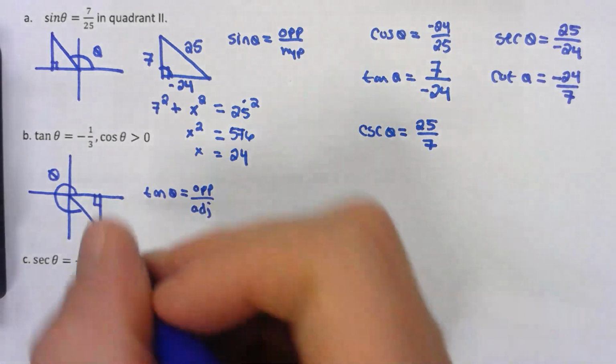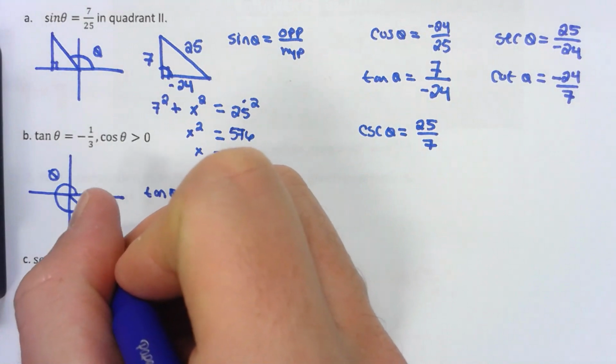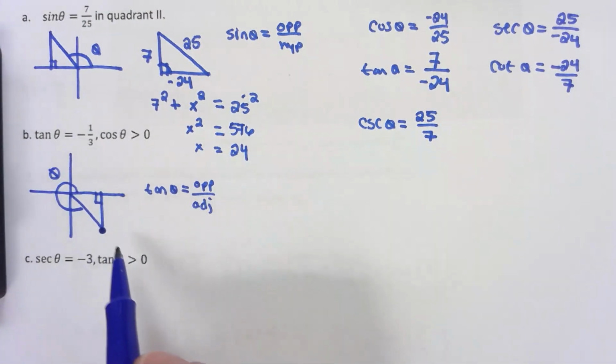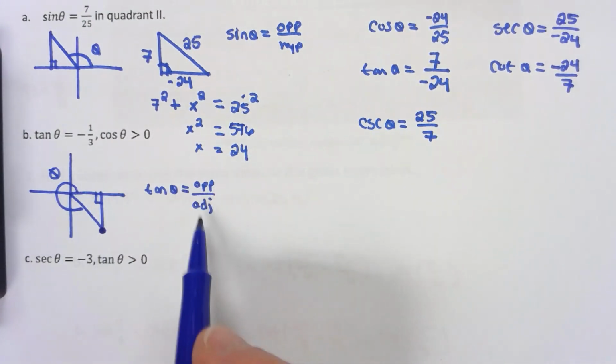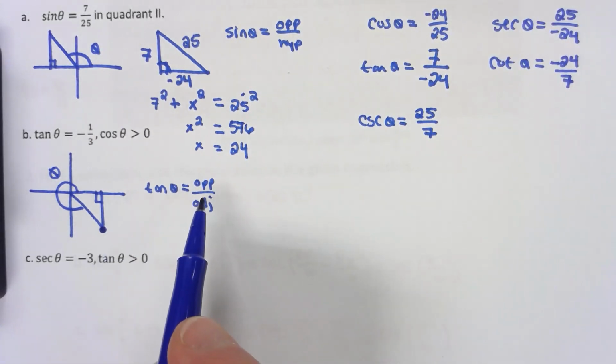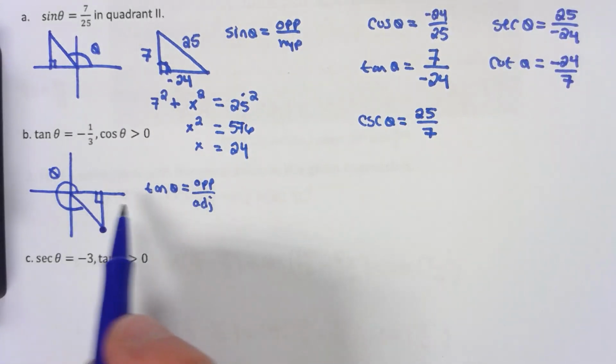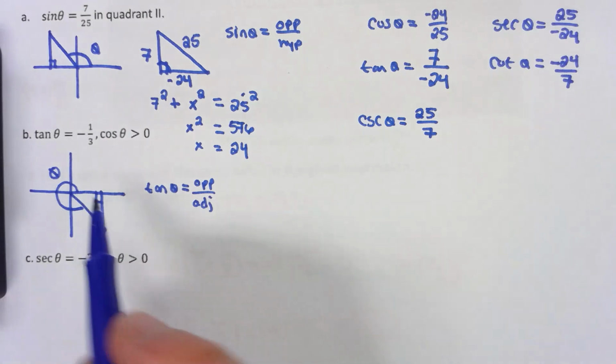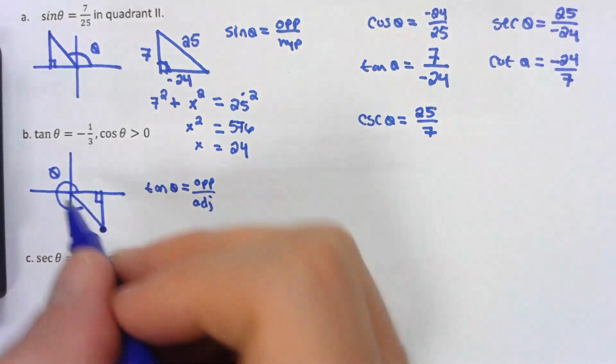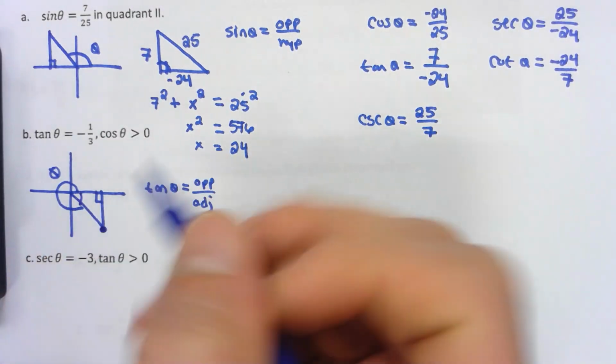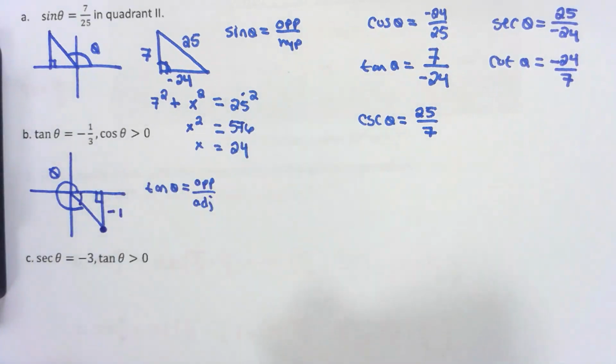So now I can think of, we have a point here, and that point is coming from opposite and adjacent sides. We just need to think about which one's negative. Well, since we're in quadrant 4, x is positive, and the opposite side from this angle theta is y, so this needs to be negative 1, and the x is going to be positive 3.